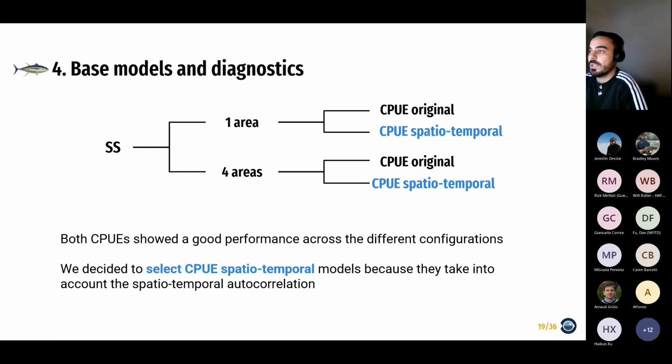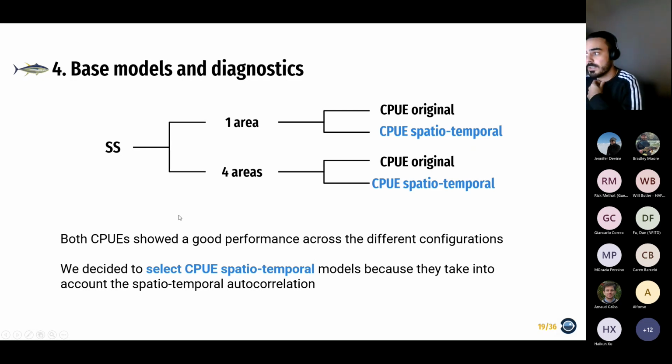Okay, so now about the base model and diagnostics. As we said before, we have the 1 and 4 area configurations, and we wanted to highlight that we tried the 2 options, the original CPUE, the provided CPUE, and the spatiotemporal Bayesian CPUE.